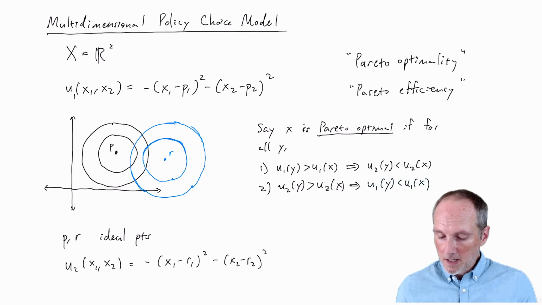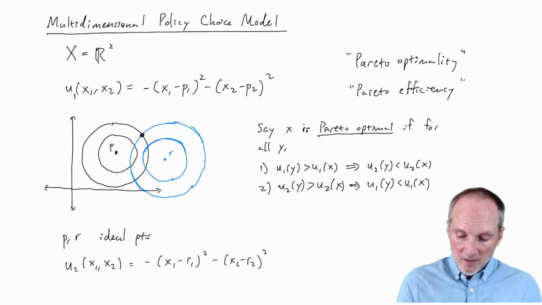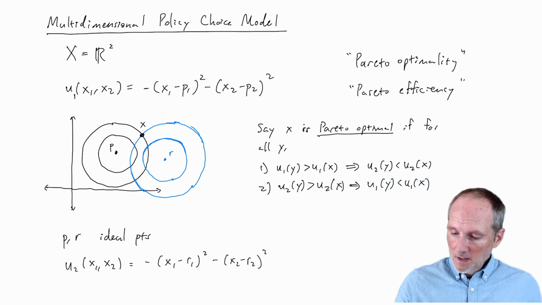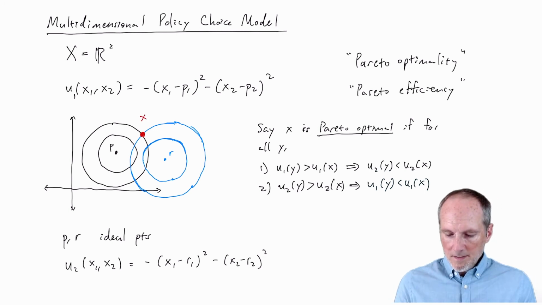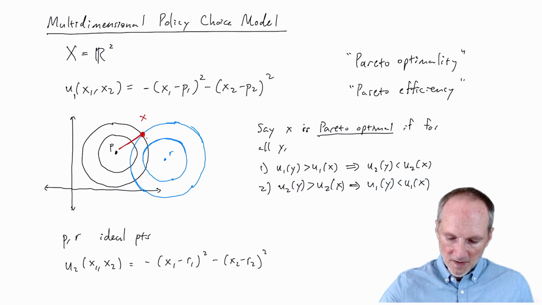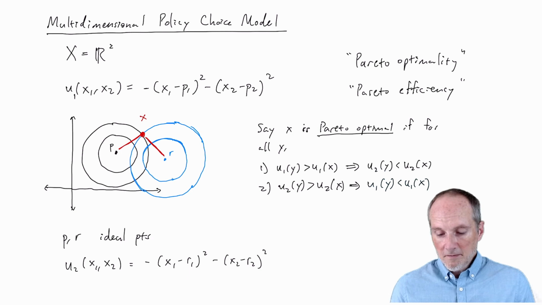Okay, so in terms of this picture, what does Pareto optimality mean? Well, first let me pick an X that's not Pareto optimal, this X here. I'll just do this in red. So it's a certain distance from our first decision maker. It's a certain distance from the second. Is there a way to make both people better off?